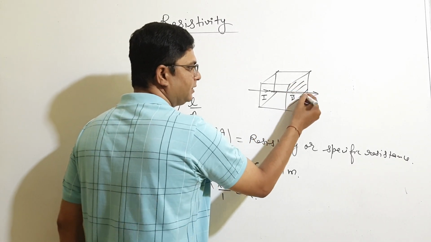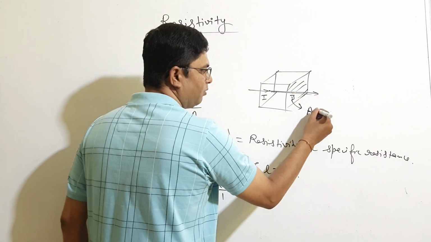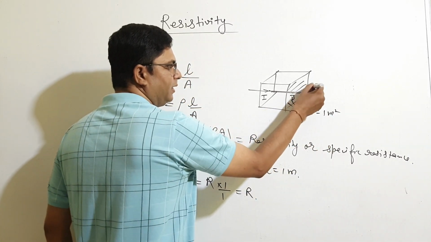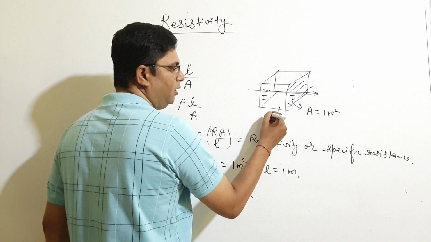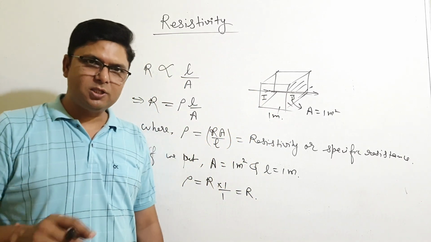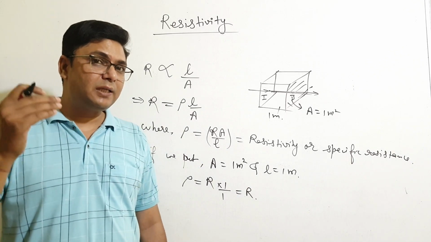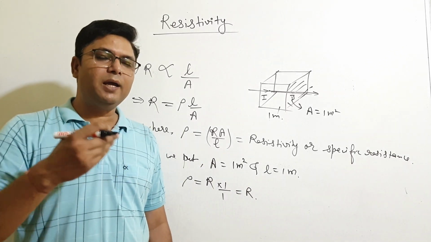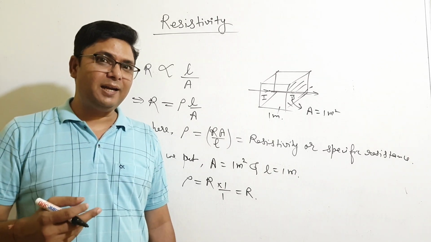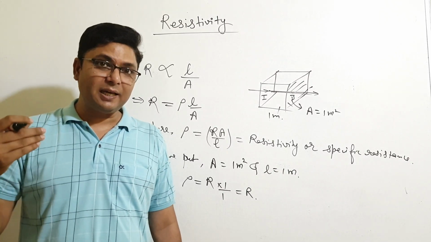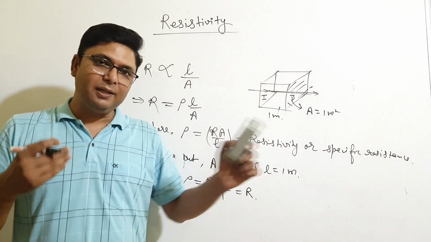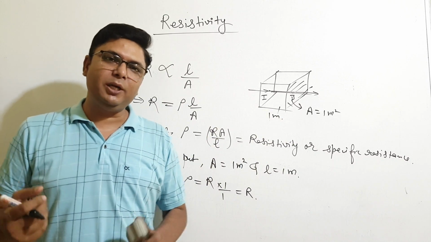The area is 1 meter square if the length, breadth and height are 1 meter. Now, how will you define resistivity? Resistivity is the resistance offered by a cube of unit edge when current enters from one face and leaves from the opposite face normally to the area.